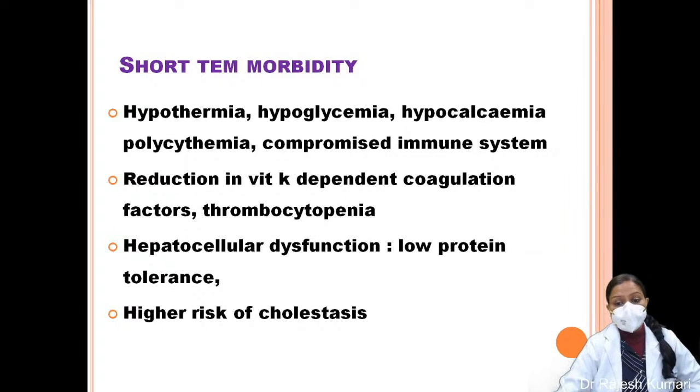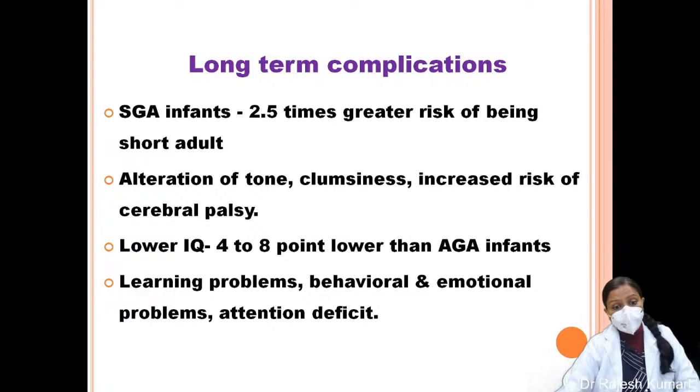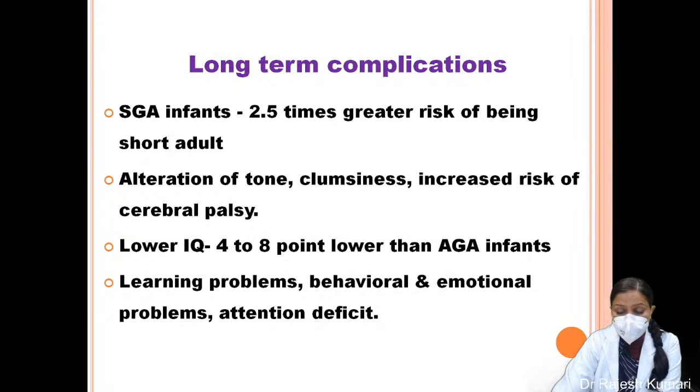With hepatocellular dysfunction, there is low protein tolerance and higher risk of cholestasis. Long-term complications include a 2.5 times greater risk of being a short adult, alteration of tone, clumsiness, increased risk of cerebral palsy, IQ 4 to 8 points lower than average for gestational age infants, and learning problems, behavioral and emotional problems, and attention deficit.